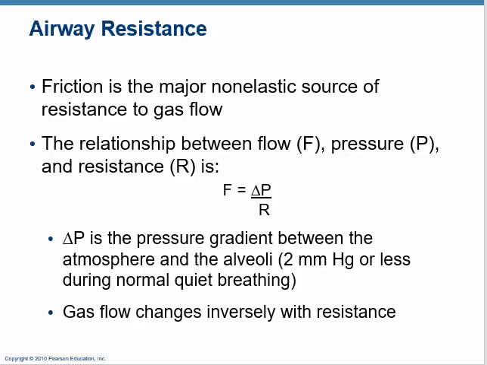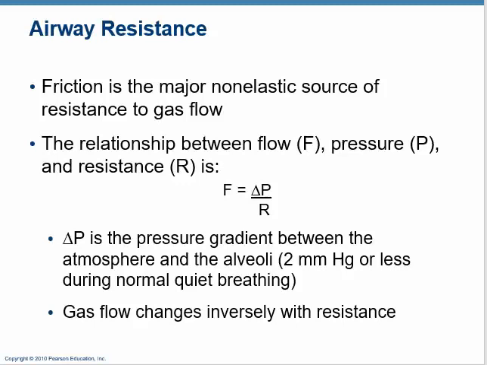So if resistance goes up, flow goes down. If you want flow to be the same, then the delta P, the difference in pressure, has to go up to compensate for it. For those of you who have ever done any electricity or any physics, it's the same as Ohm's law.